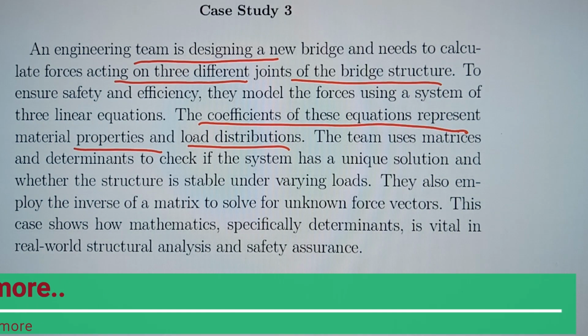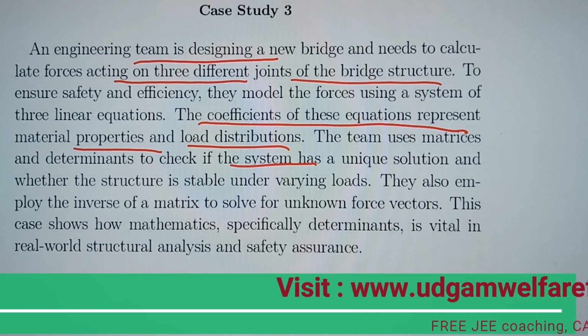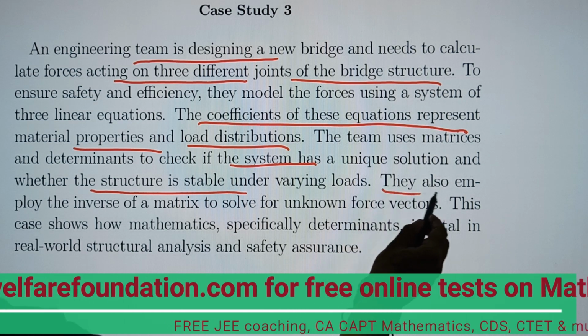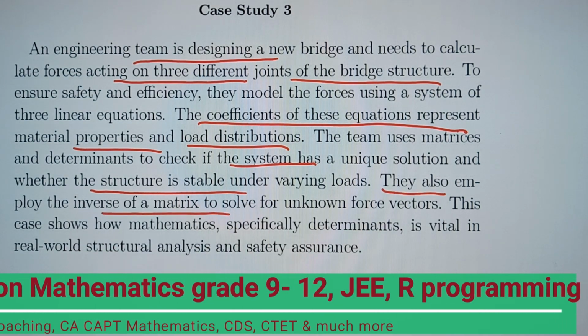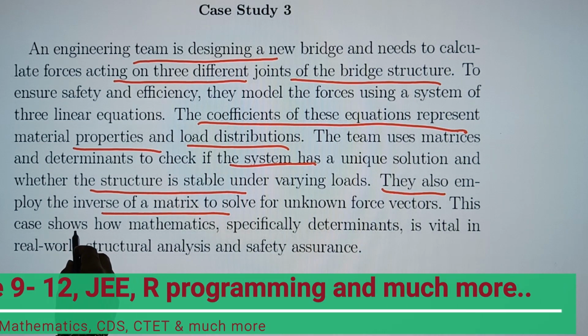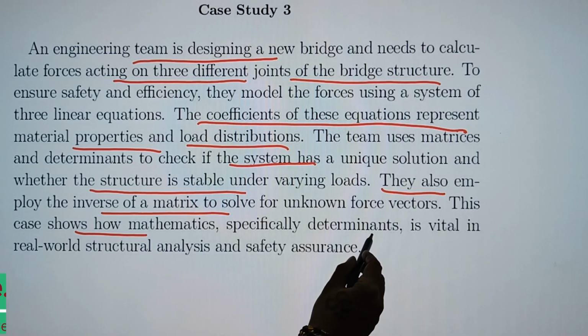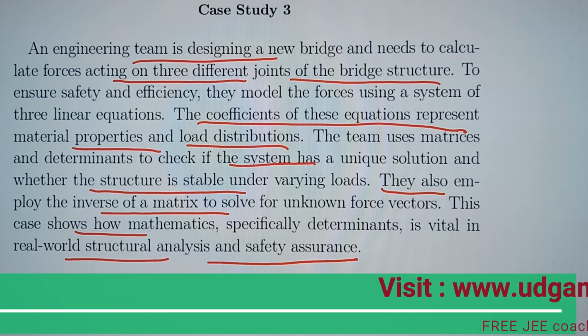The team uses matrices and determinants to check if the system has a unique solution or whether the structure is stable under varying loads. They also employ the inverse of a matrix to solve for unknown force vectors. This case shows how mathematics, specifically determinants, is vital in real-world structural analysis and safety assurance.